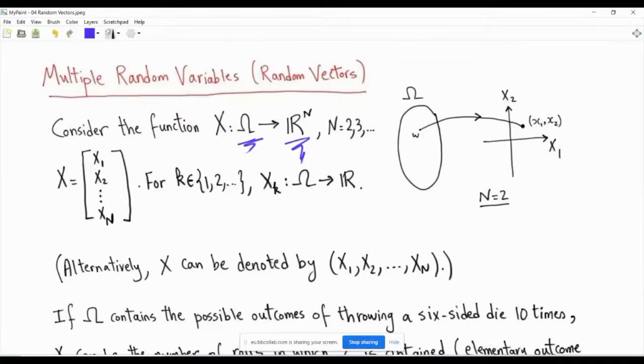Generally, you will map it to a point in the n-dimensional Euclidean space. Now, any mapping is a function, but to be a random variable, you need that for every Borel set in the n-dimensional Euclidean space, its pre-image should be F-measurable.